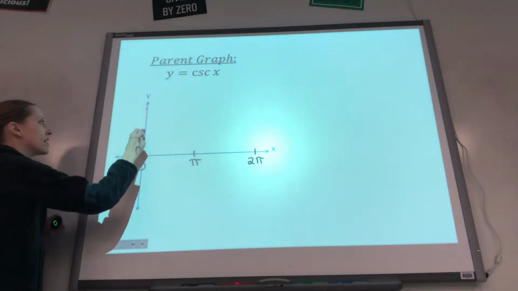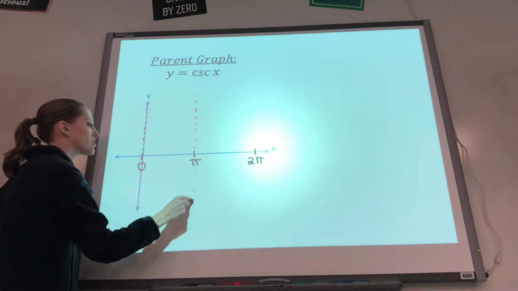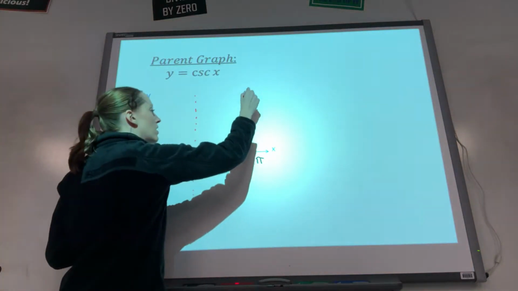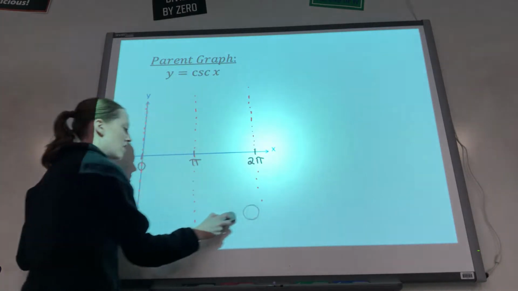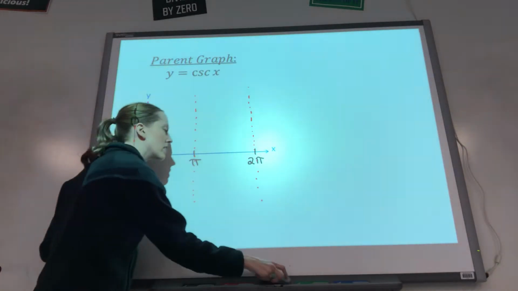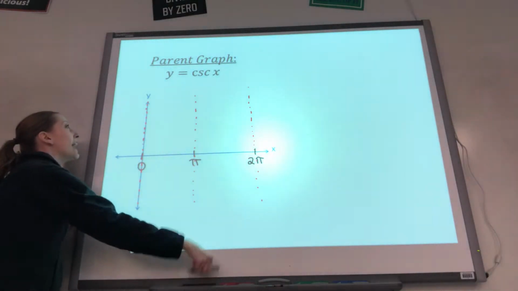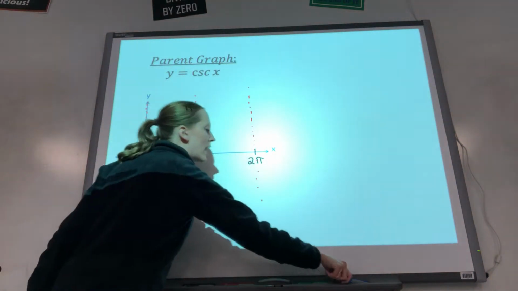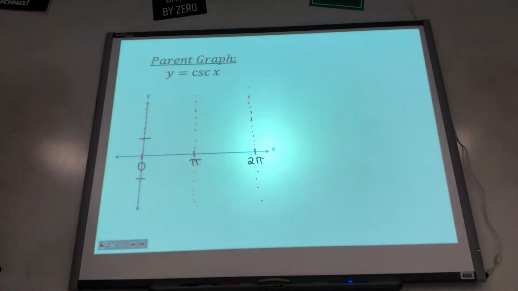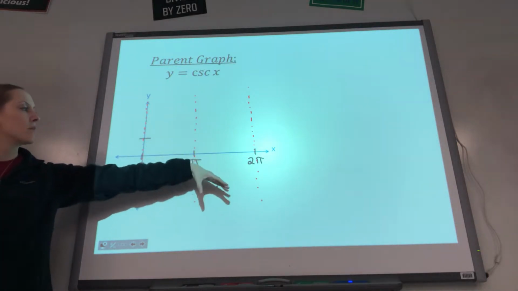So same thing, all three of these values are actually vertical asymptotes. You don't have points there. We don't have anything there really. It's kind of like a boundary line. Then amplitude is 1. The amplitude is what helps you graph your points. You know from secant that the first part's up here, second part's down here.